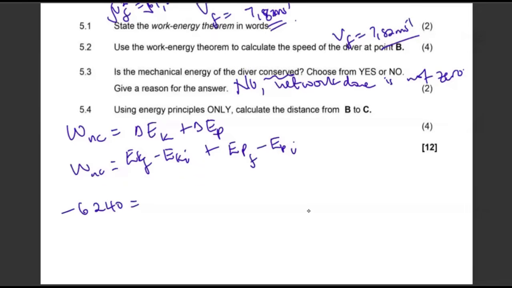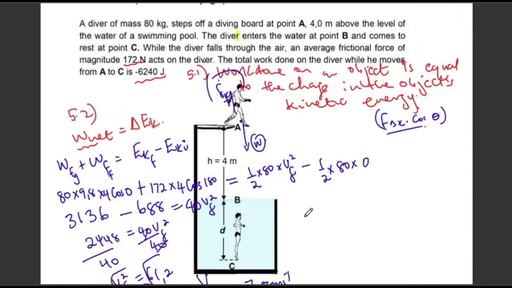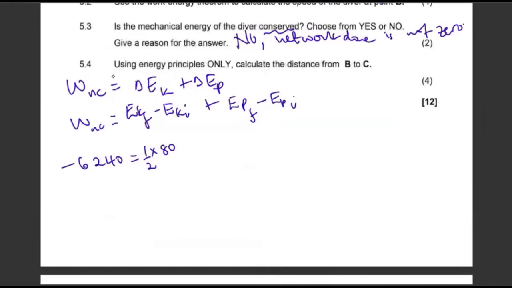240. My EK final is going to be a half, the mass is 80, and then the velocity: remember, this guy is going to be at the bottom because they told us he comes to rest at point C, meaning that our final velocity is going to be 0 there.